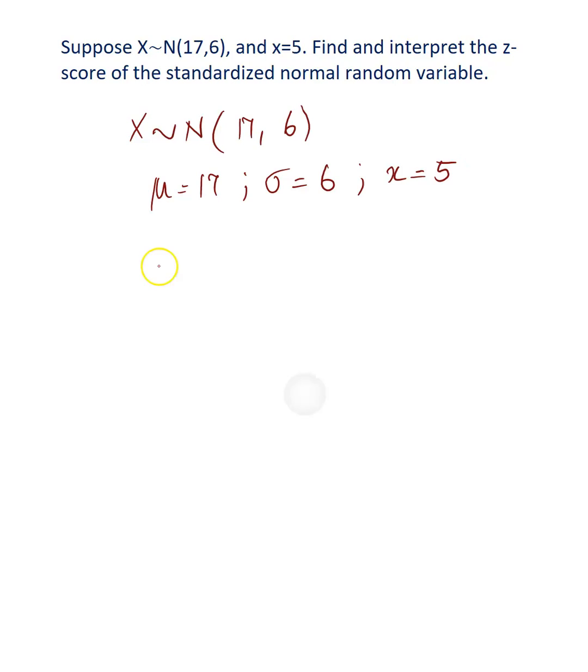Okay. So now z is, I should use the lowercase like this so you can see the difference. It will be x minus mu over sigma, right? So that will be 5 minus 17 over 6.